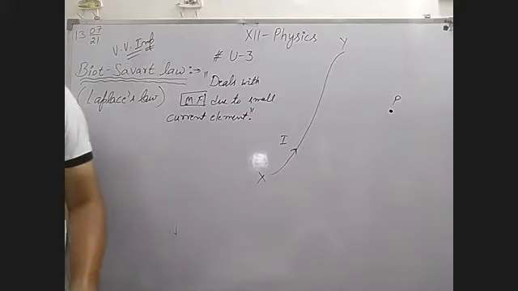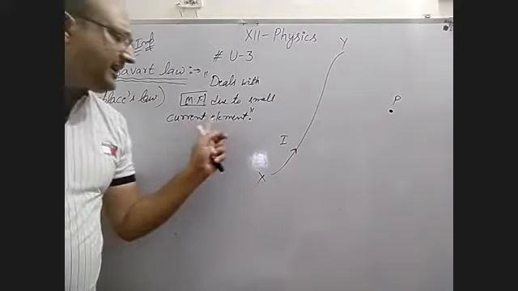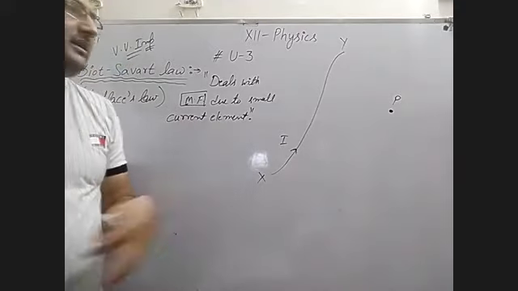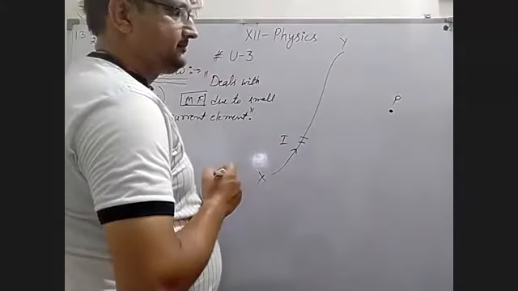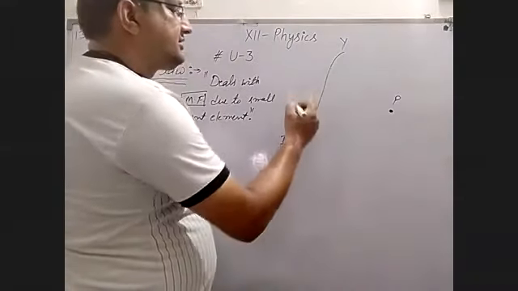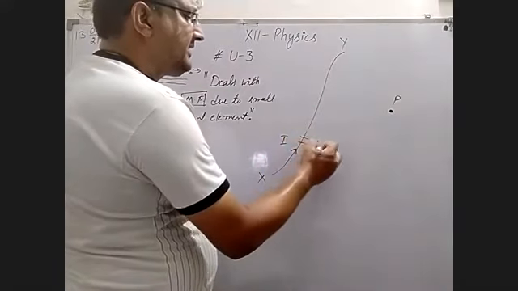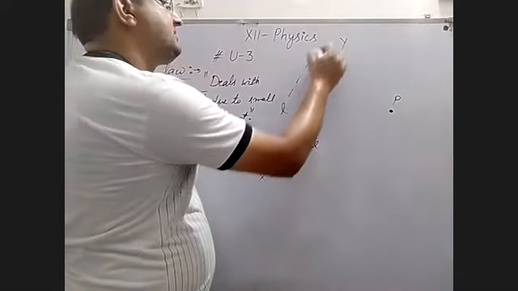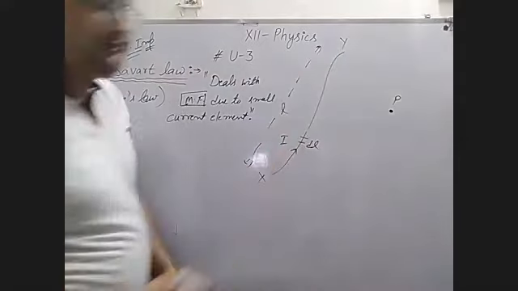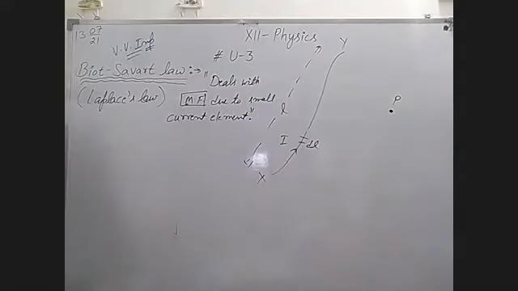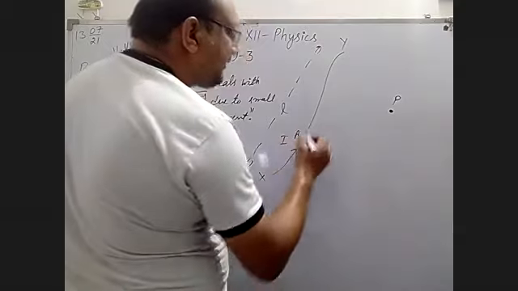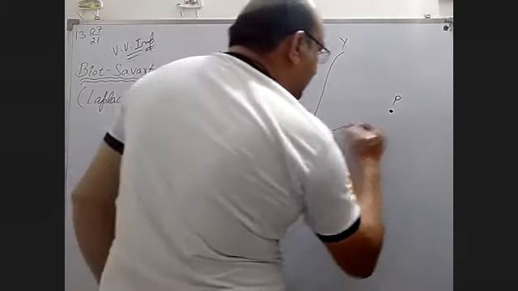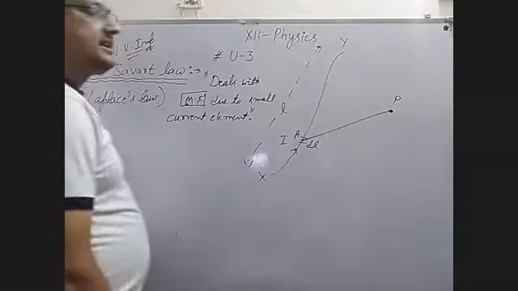Now, here you have to take a current element. It means you have to take a small part of the conductor. Suppose this length is L and this small part is dL. You have to take only the small part of this conductor. Suppose this is point A on the conductor. Draw a line in this way.